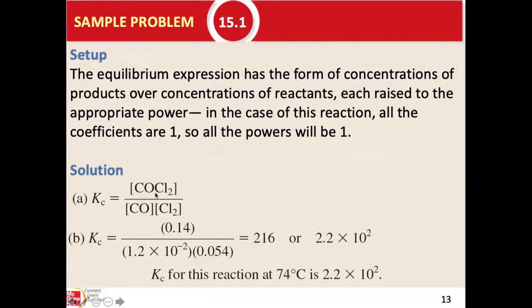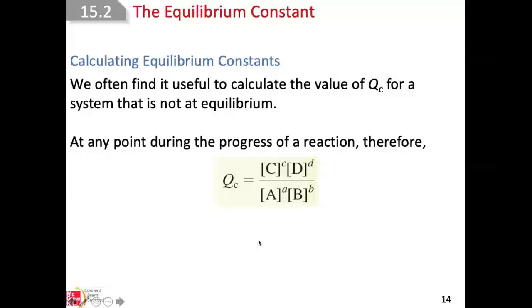So as you see, this is the product. The reactants, we multiply the concentrations of those reactants. We do not add them together. We just multiply the concentration of one reactant by the concentration of another reactant. And then we will substitute the numbers to calculate the Kc.